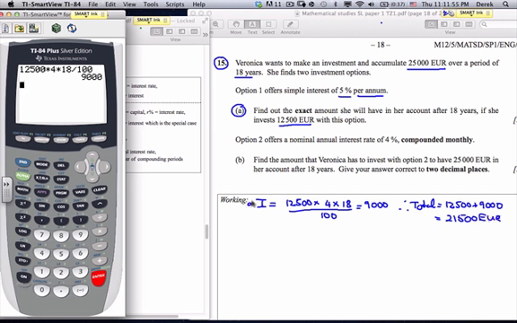So that's for A. Then it says option B offers a nominal annual interest rate of 4% compounded monthly. Find the amount that Veronica has to invest with option 2 to have 25,000 euro in her account after 18 years. Give your answer correct to 2 decimal places.